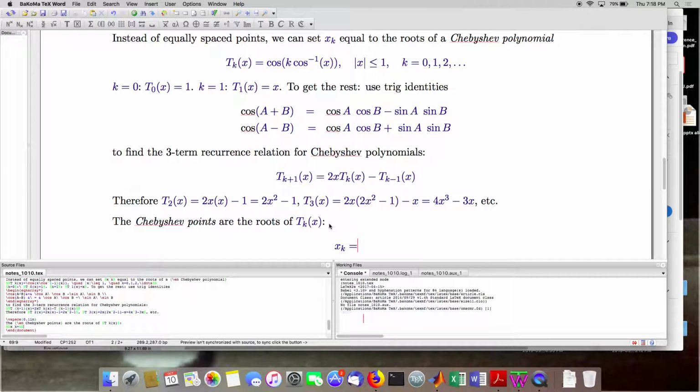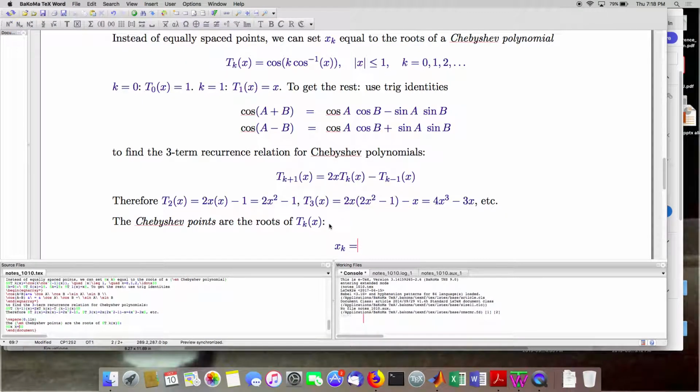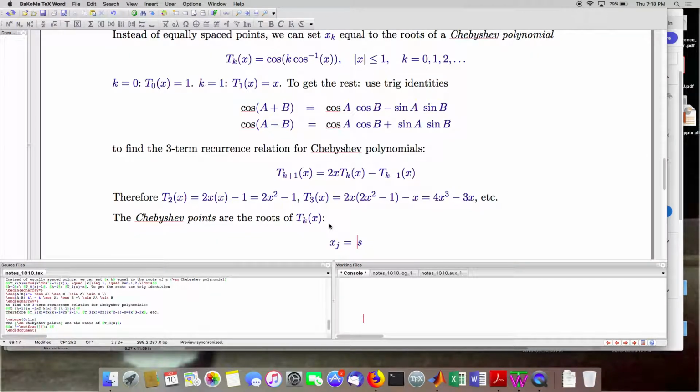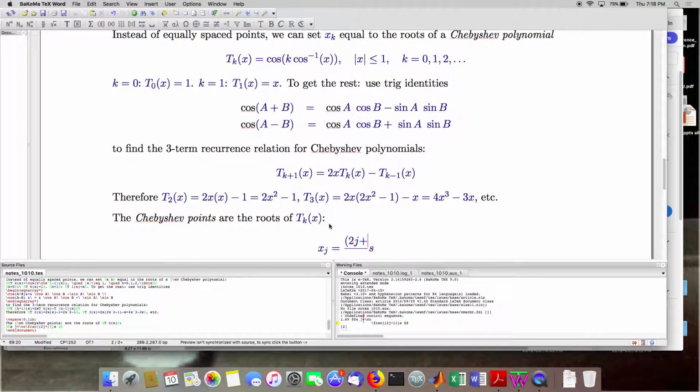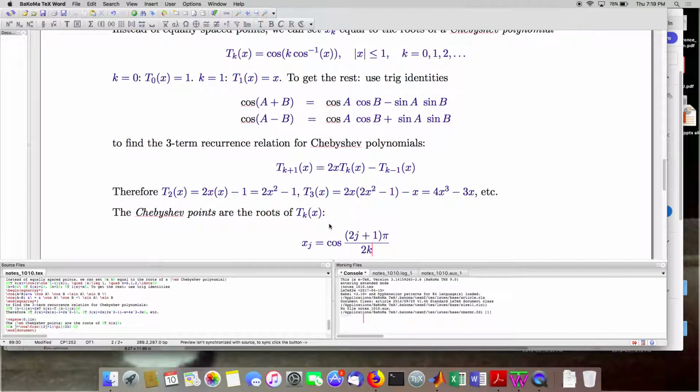So it's equal to cosine of, actually, I need to use x_j here, (2j plus 1) pi over 2k.